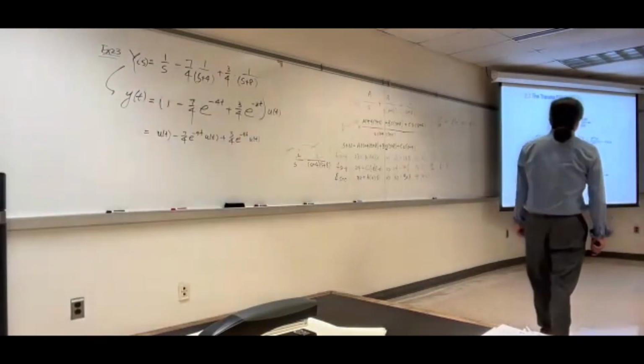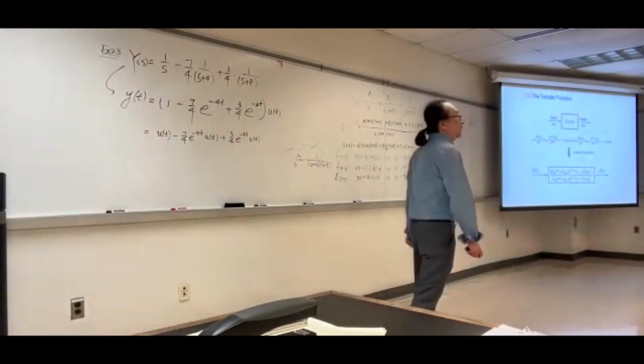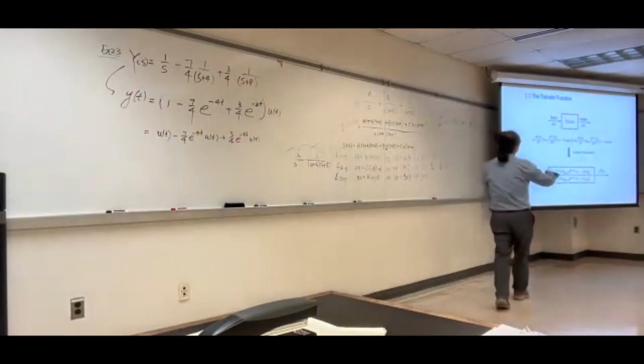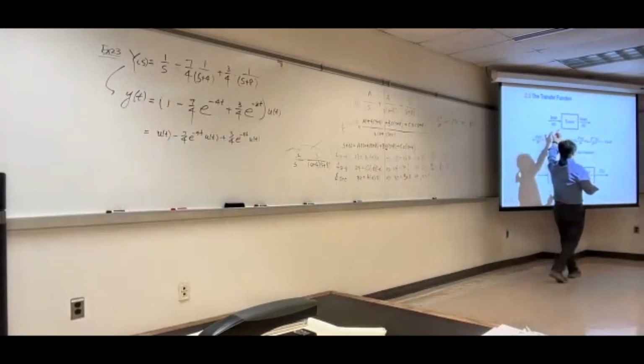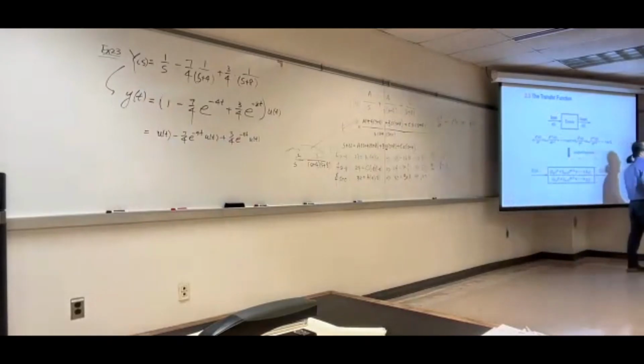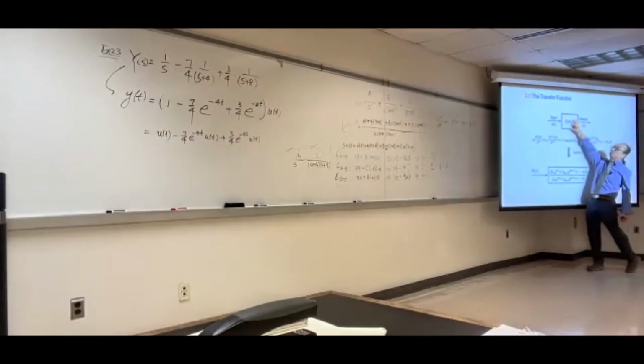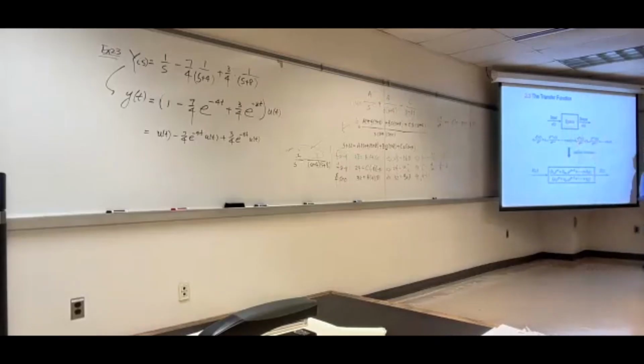We talk about the transfer functions, right? In the beginning of the first class, we have input r(t), output c(t), input as a reference. That's why we want to use r, and then control the output, so we want to use c. And then the middle box is what we want to call the transfer function.